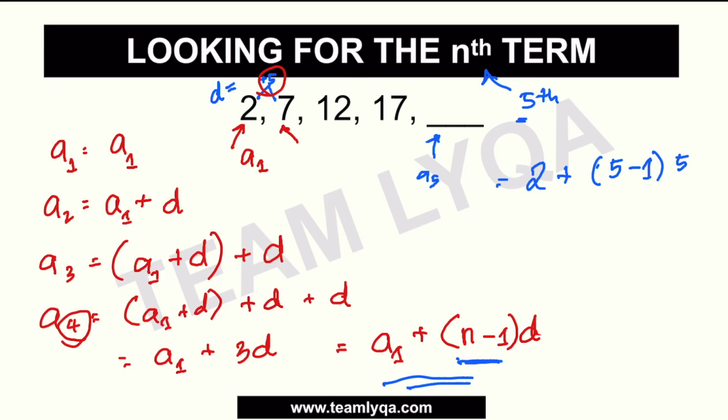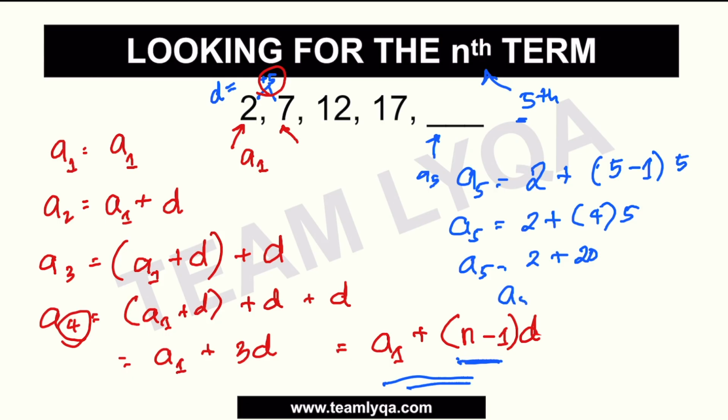Now, kung isosolve natin to, again, we're looking for the 5th term. A sub 5 or the 5th term is equal to 2 plus the quantity 5 minus 1 is 4 times 5 or 2 plus 20. A sub 5 is 22.